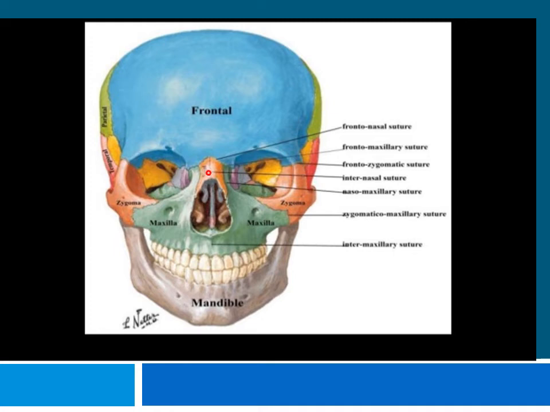Between the two nasal bones we have the internasal suture, and between the nasal bone and the maxillary bone the nasomaxillary suture. Between the maxillary bone and the zygomatic bone we have the zygomaticomaxillary suture, and between the two maxillary bones the intermaxillary suture. So these are the various sutures present in the norma frontalis.